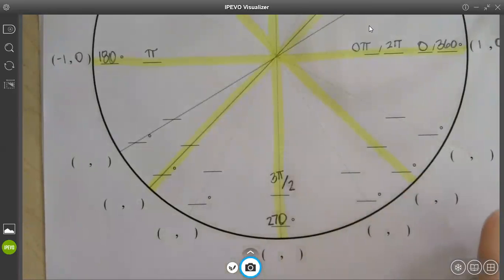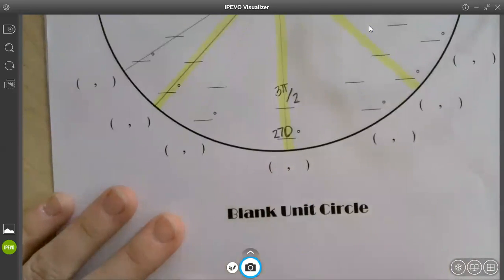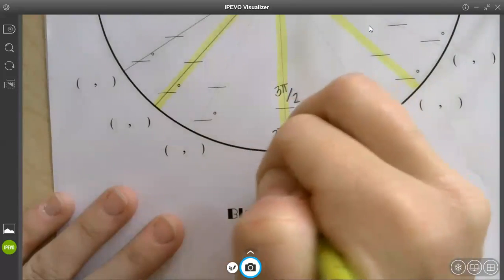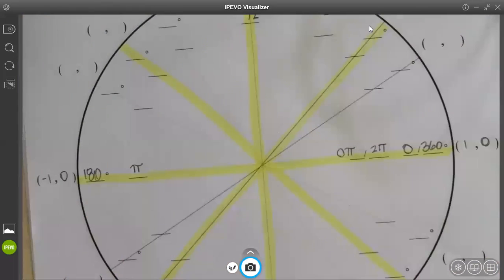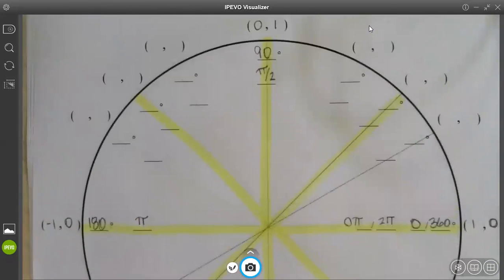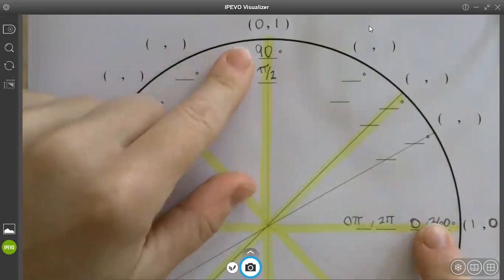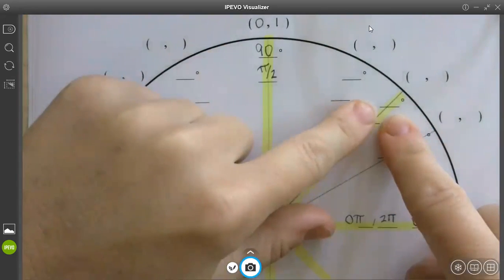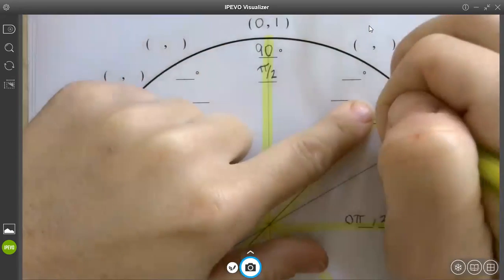All right, so there are your main diagonals. Go ahead and tell me your point down here. Then we split it into fourths, or if this is 90 degrees, what would halfway be? 45.